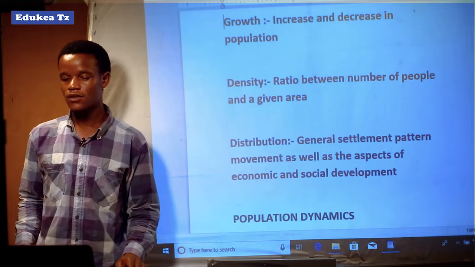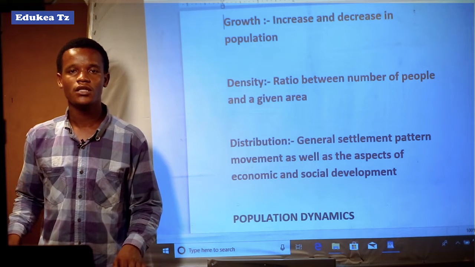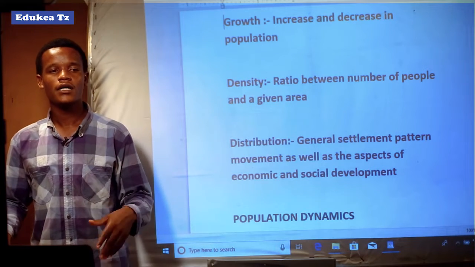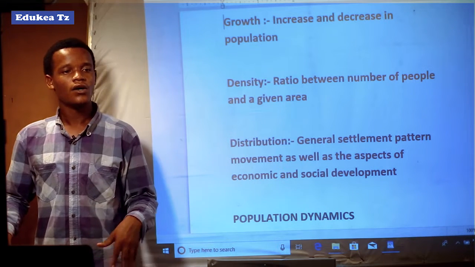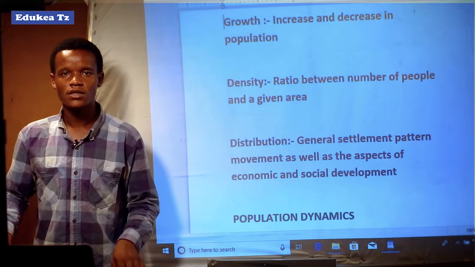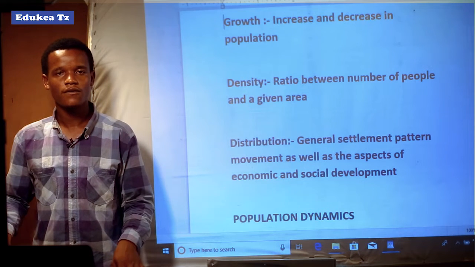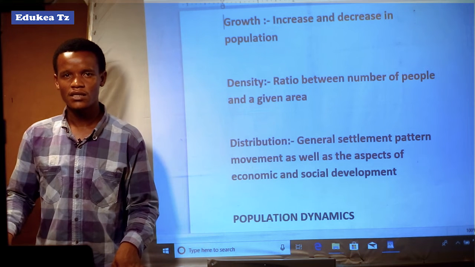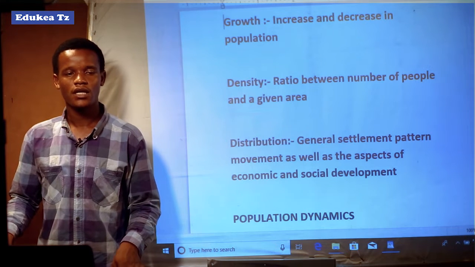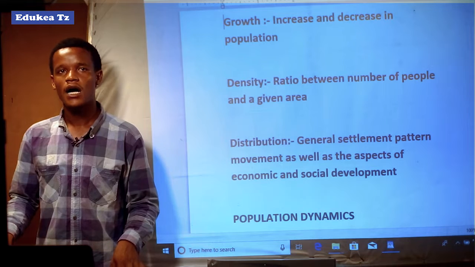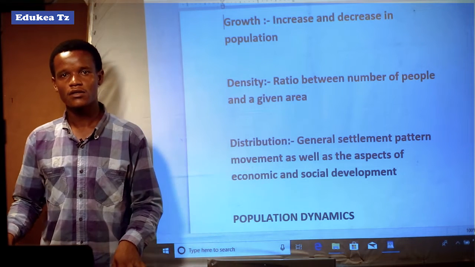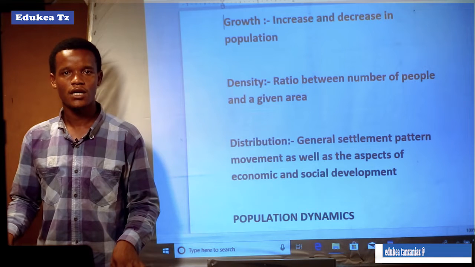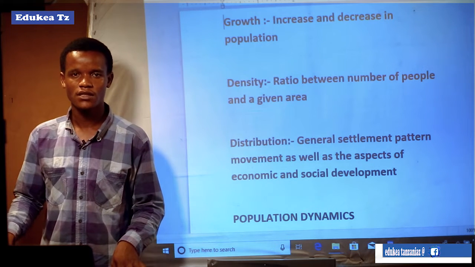Here we look at how people are distributed into different areas, and there are different reasons which lead to the occurrence of distribution across the world. We see nowadays that areas that are developed in different sectors like social services tend to have a high population compared to areas that are not developed in sectors like infrastructure, social services, and so on.